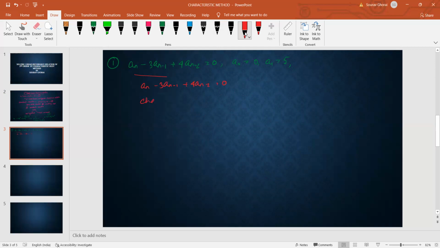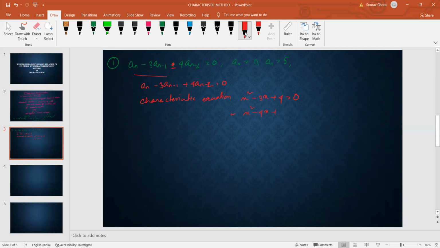So the characteristic equation will be x^2 - 3x + 4 = 0. Oh, sorry, there is a mistake here.